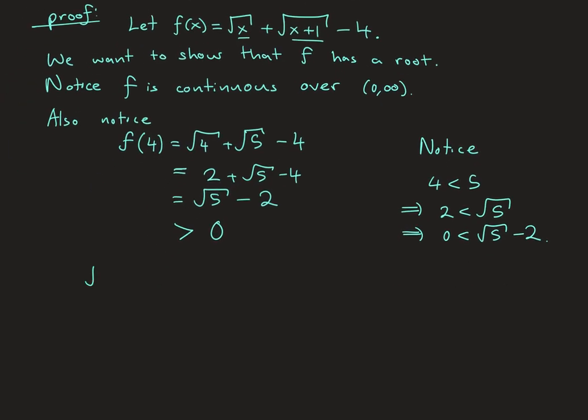And then also f of 1, perhaps, is equal to square root of 1 plus, or how about just f of 0? Oh, I can't allow 0. Oh, actually, f is continuous over 0 to infinity, but I don't know. Let me just do f of 1.